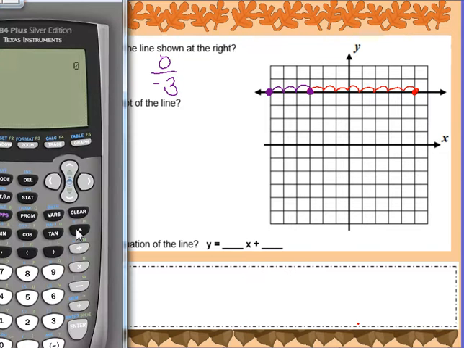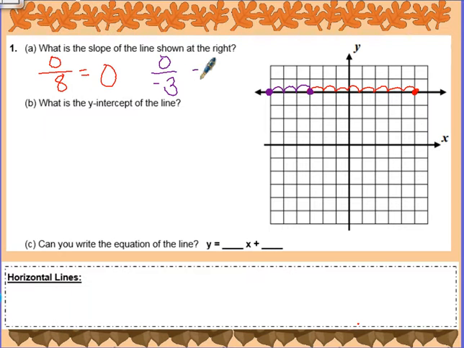If I divide 0 divided by -3, we still end up with 0. Therefore, we can conclude that the slope of this line is 0. So this is our m value.